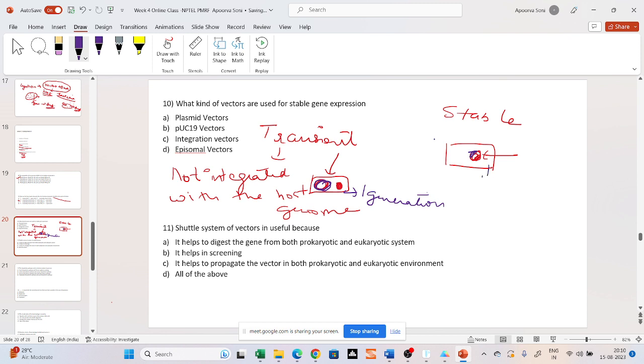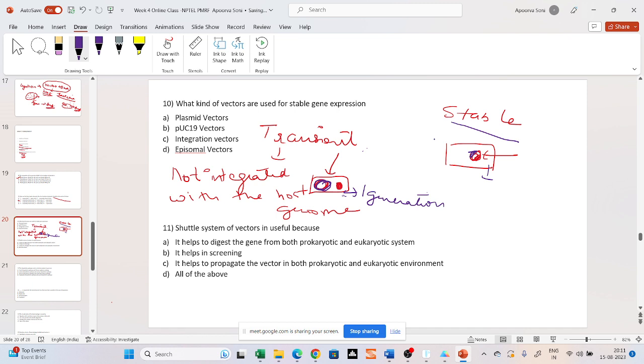But in stable expression, whenever it replicates, your insert is present in subsequent generations also. So it is stable because in subsequent generations your insert is present. Whereas in transient it is not stable, because the DNA is present only in that particular generation. After replication, the external DNA is gone.